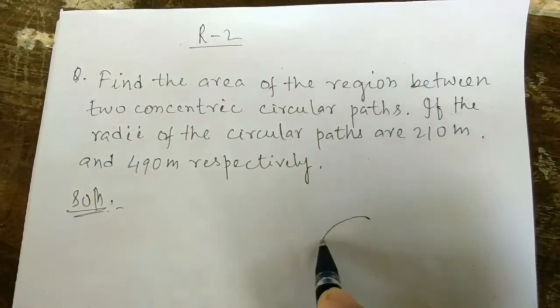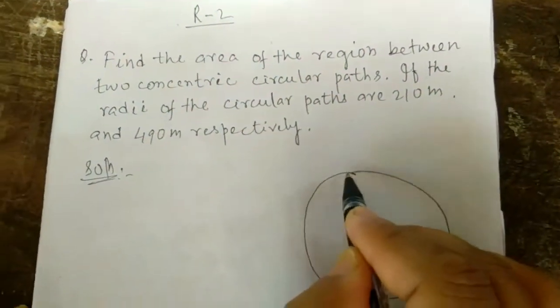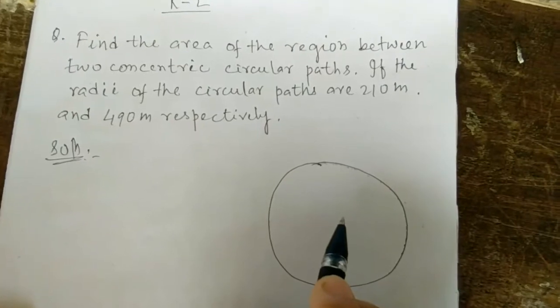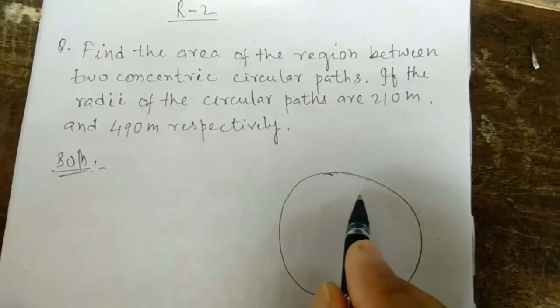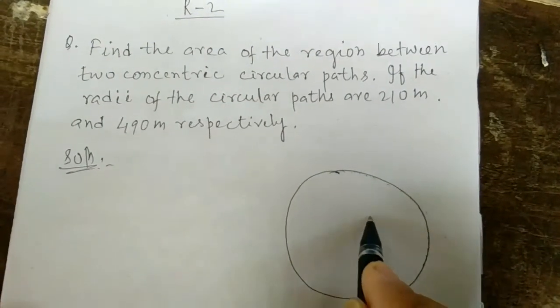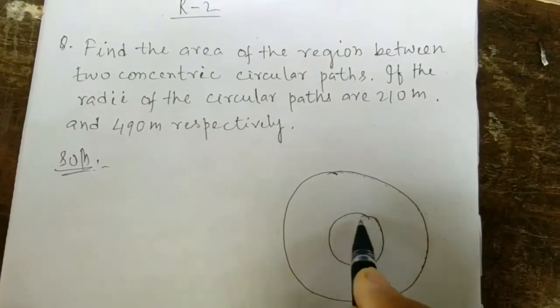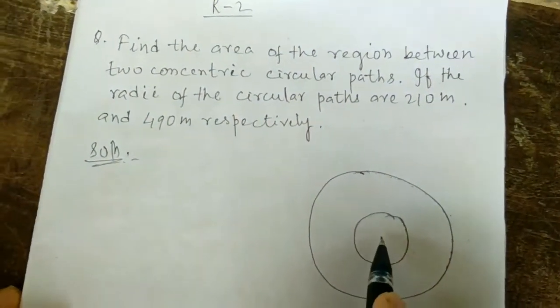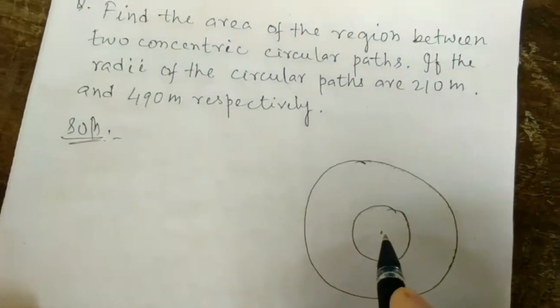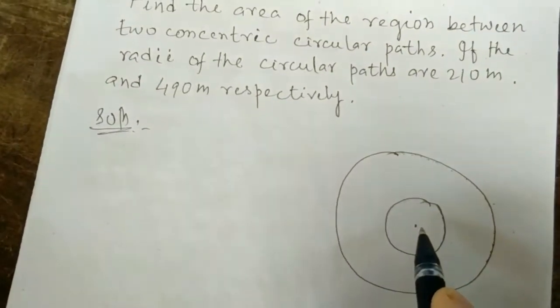Suppose this is a circle and you draw it by compass and pencil. I am doing it freehand, but you should use a scale and compass. So circles having the same center. Suppose these are the two concentric circles, having the same center. The radii of the two circles are given.